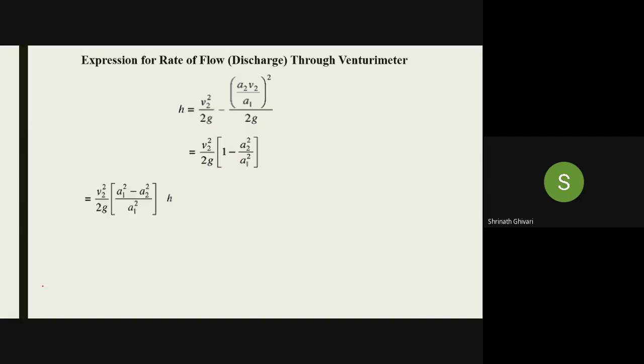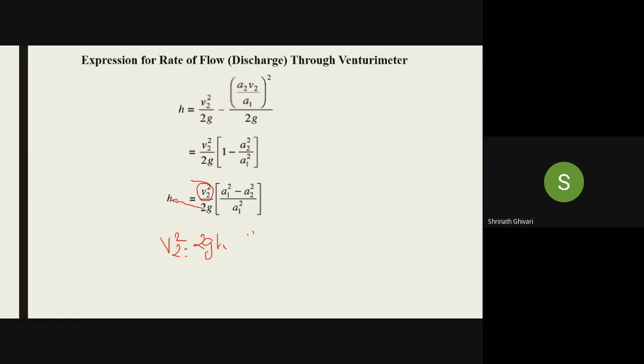And H will be what? H will be equal to V2 squared by 2g times A1 squared minus A2 squared divided by A1 squared. Now I got an equation in terms of H. Now I want it in terms of V2, so I'll multiply by 2g h.